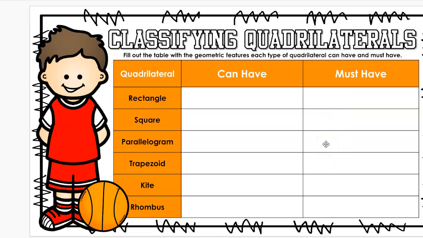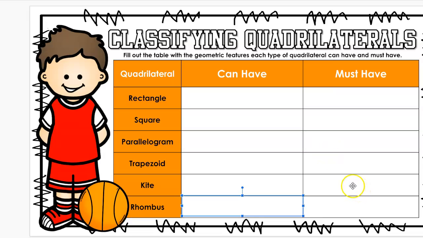A parallelogram must have two sets of parallel lines. Over in the can have, a parallelogram can have equal length sides, which is also a rhombus. Since a rhombus is a parallelogram, it can have equal length sides. It doesn't have to, but it must have the two sets of parallel sides.